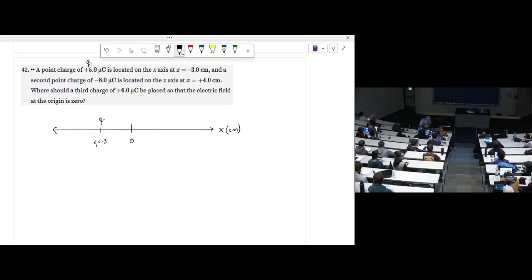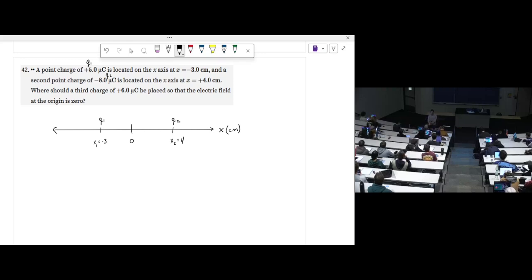Then I've got, at x equals plus 4 centimeters, a charge of Q2 right here. And it's saying where should a third charge of 6 microcoulomb be placed so that the electric field at the origin is 0, right?